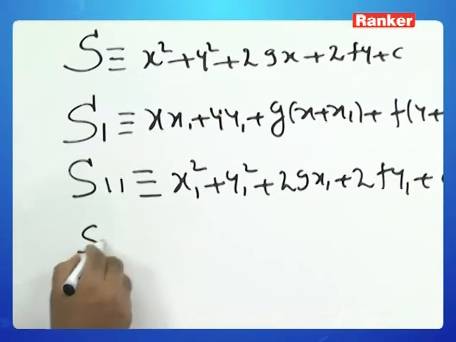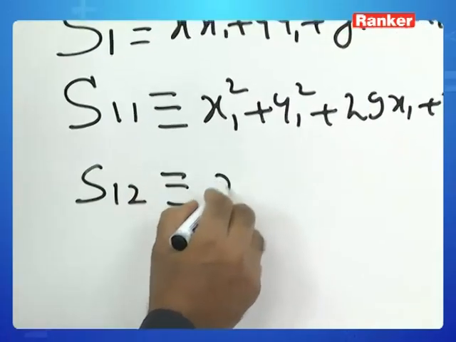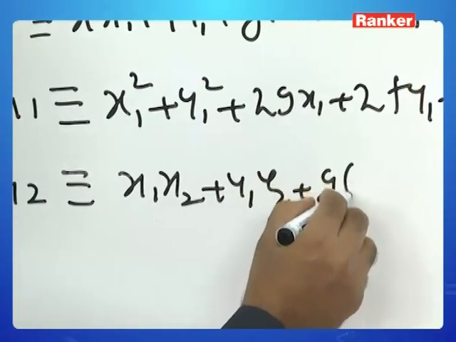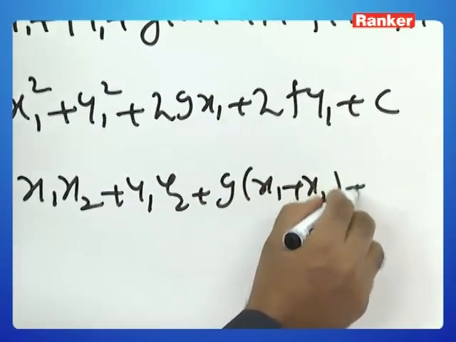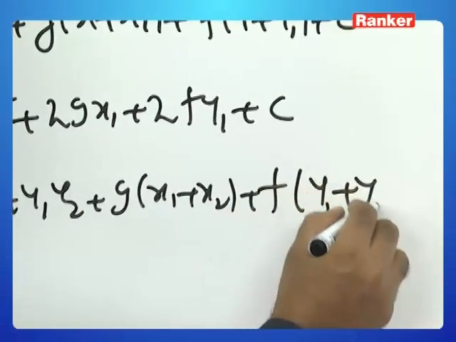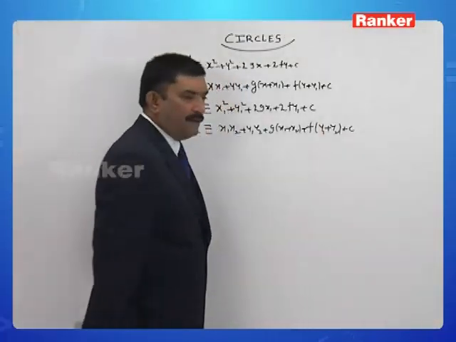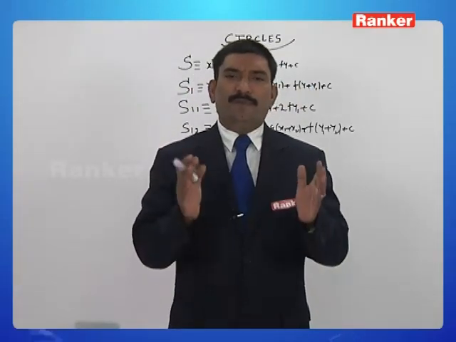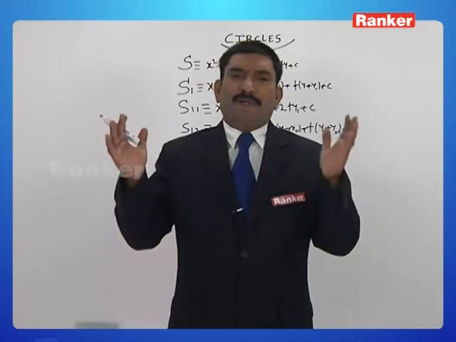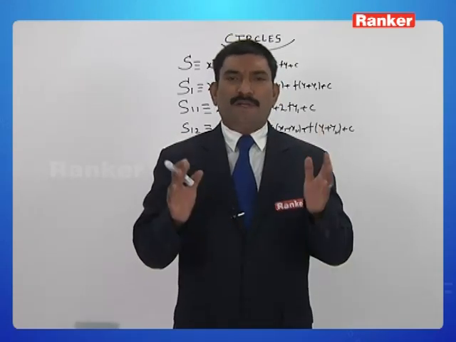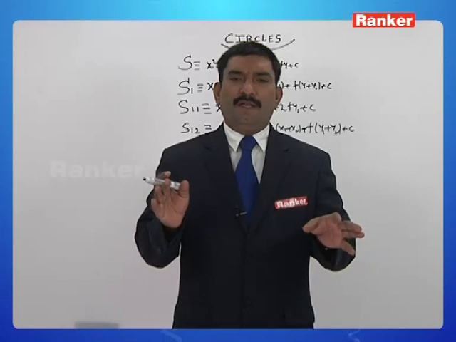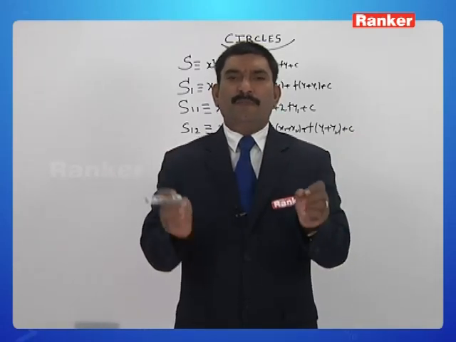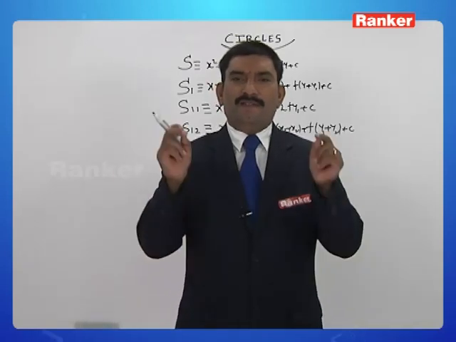Next, S12 is x1 x2 plus y1 y2 plus g into x1 plus x2, plus f into y1 plus y2, plus c. Throughout the discussion of the position of a point with respect to the coordinate axis and the line, wherever you come across a circle equation, you can write S = 0.